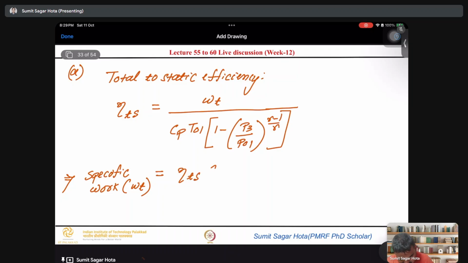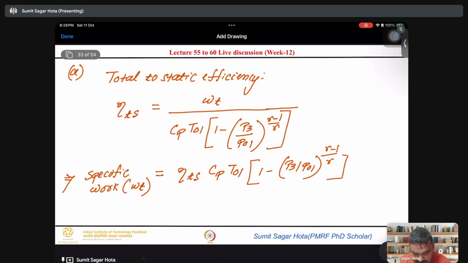Wt is equal to eta Ts into Cp into T01 into 1 minus P3 by P01 to the power gamma minus 1 by gamma. Okay. So yeah, all the things are given. Just need to substitute all these values and find out the Wt.